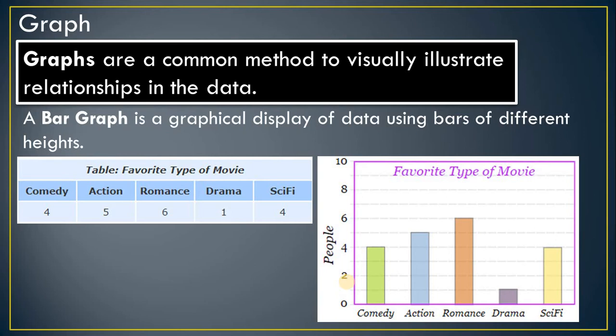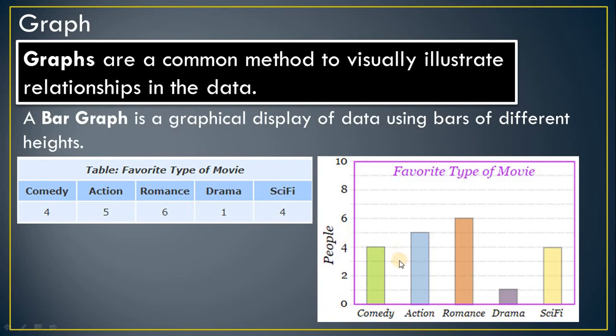It depends on your highest value, and on the starting and ending value also. Here the maximum value is 6, so you can keep the difference 1 or 2, but that difference should be common. Suppose the difference is 2 here, here also it should be 2, means it is uniformly done.